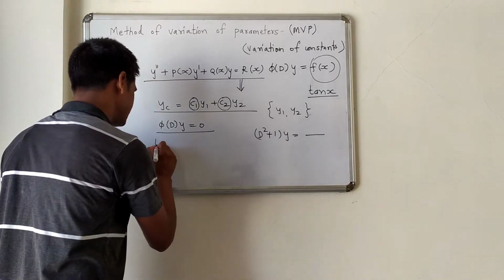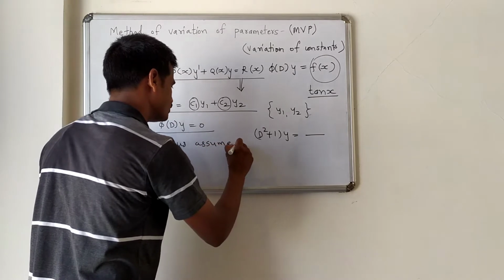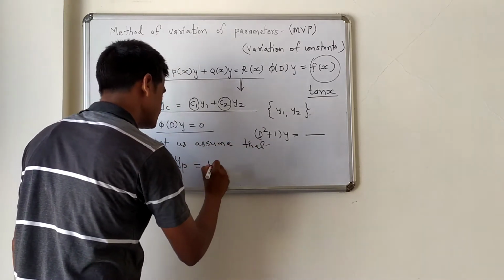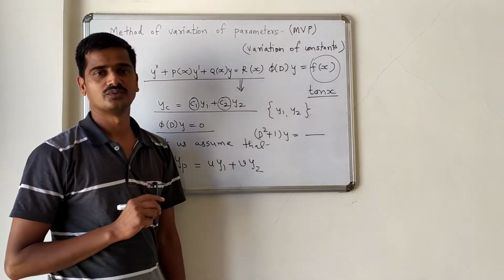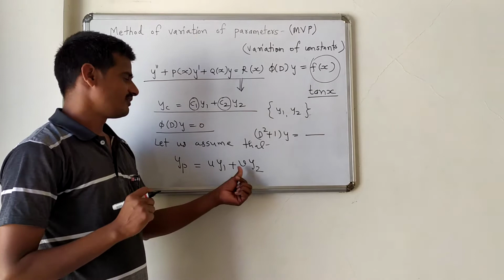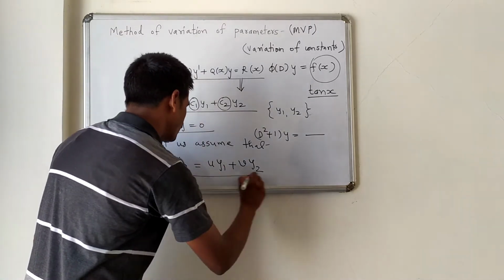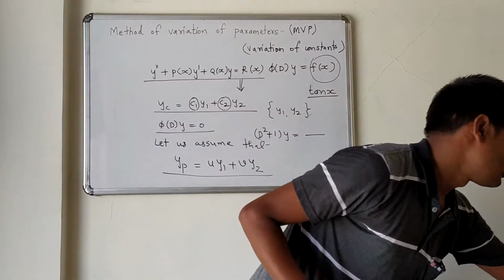Let us assume that your particular integral is u y1 plus v into y2, where u and v are functions of x. Now we have to determine u and v. How to determine u and v?